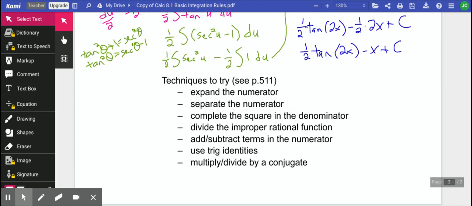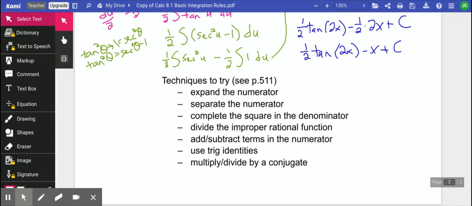Separating the numerator, we did that in several examples on the notes here. Completing the square in the denominator, we didn't do that on any of these examples, but we did that back when we learned the arctangent one particularly, because you might be able to force it into an arctangent or arcsine, one of those. Dividing an improper rational function, you saw that using long division.